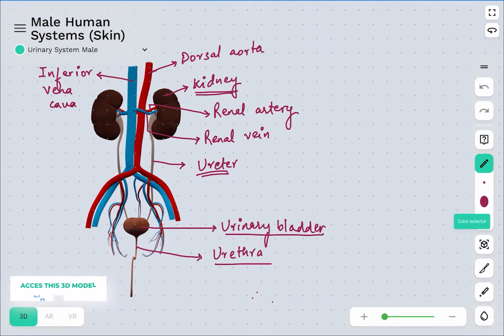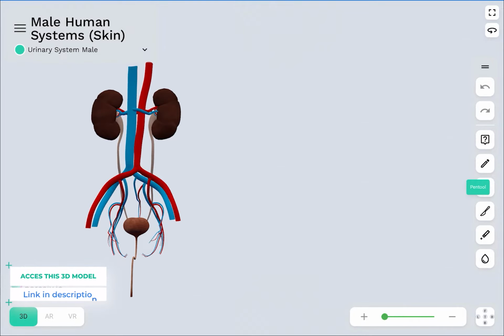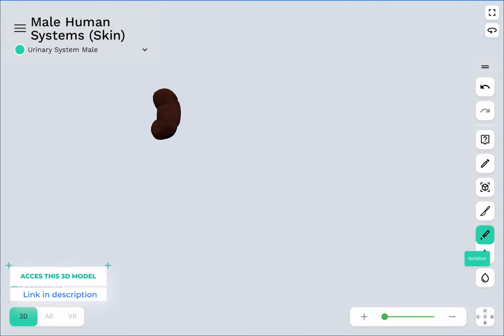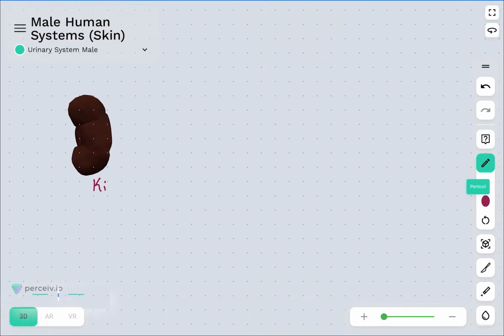Now we will see them individually. If I isolate this kidney, the kidneys are usually reddish brown in color. As you can see, it's reddish brown.